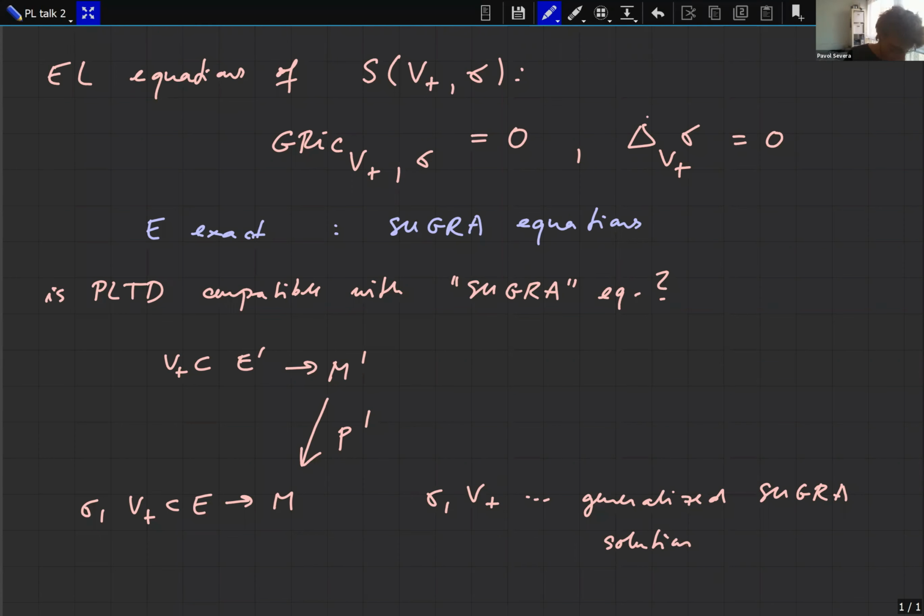By generalized, I mean these are equations for a general Courant algebroid. One should probably call them generalized supergravity equations. So it's only when E is exact that those are ordinary supergravity equations.